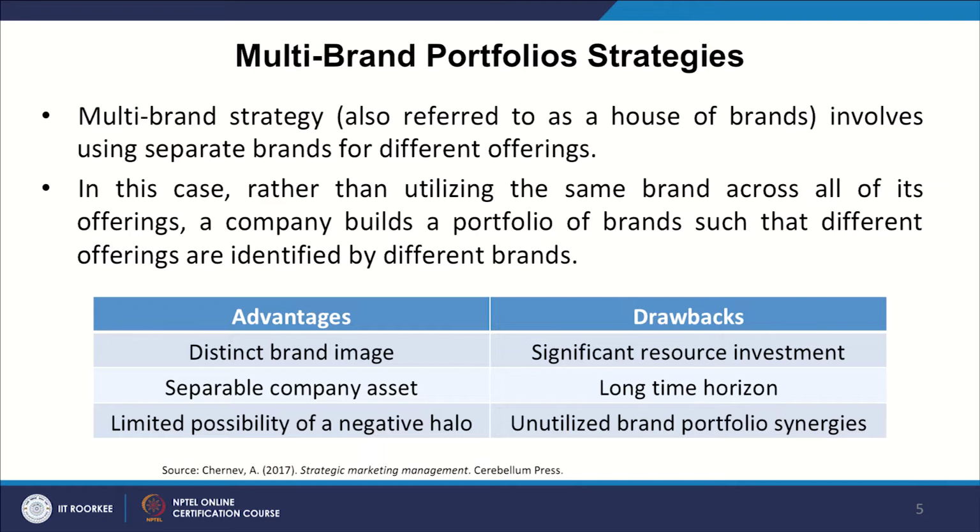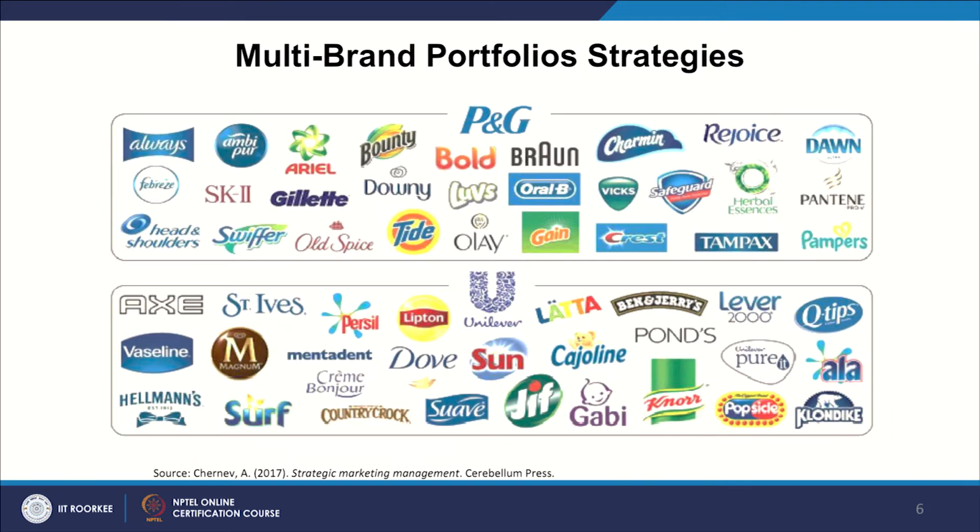It involves using separate brands for different offerings. In this case, rather than utilizing the same brand across all of its offerings, a company builds a portfolio of brands such that different offerings are identified by different brands. Here is the picture which demonstrates what I have just talked about. Multi-brand portfolio, should I call it strategy?